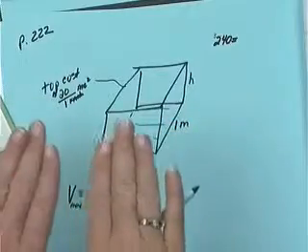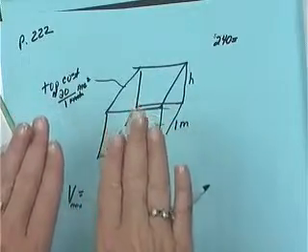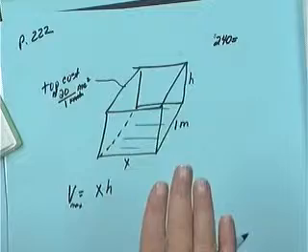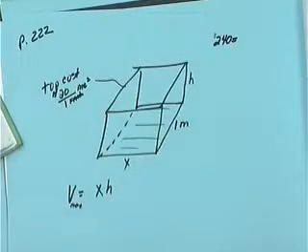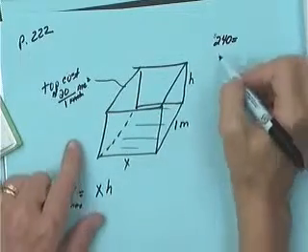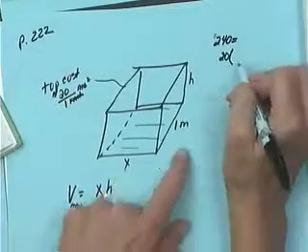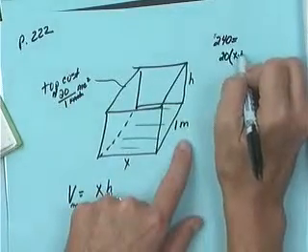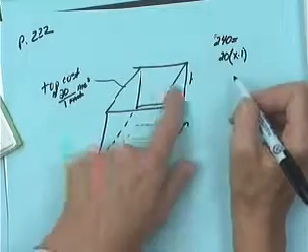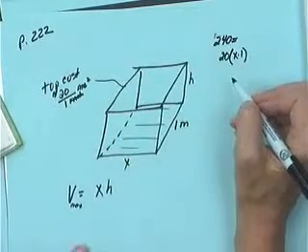So the area of the top would be 9 square meters. So if it's $20 for 1, then for the whole thing, it would have been 20 times 9. All right, so for the top, we will have $20 times X times 1. That's the top. Okay, the top is a X by 1.